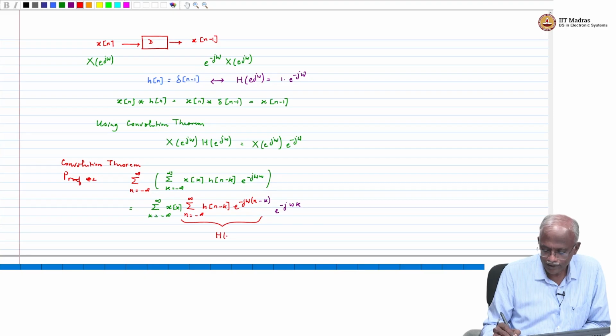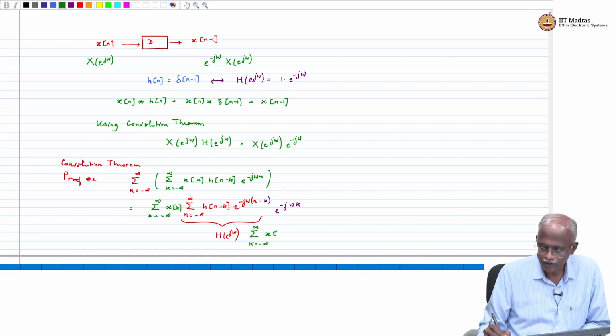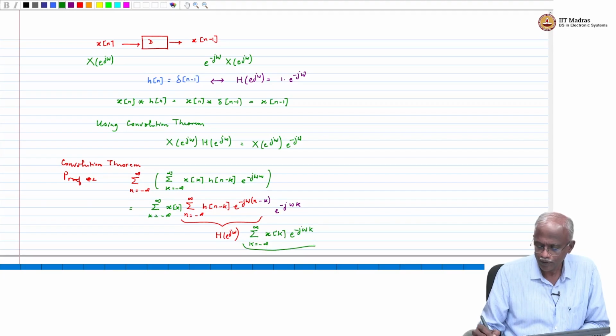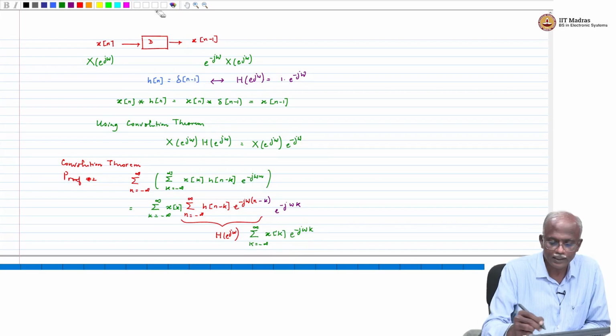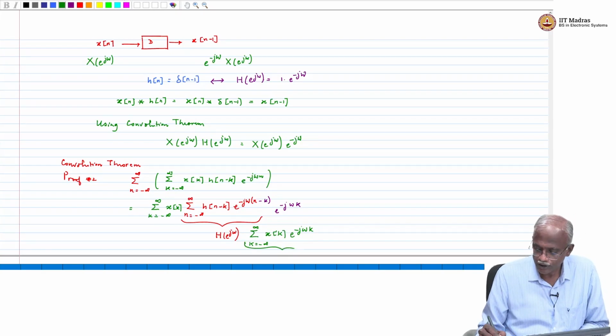becomes the same as H e of j omega, and then what we are left with is summation k equal to minus infinity to infinity x of k e power minus j omega k, and this of course is X e of j omega.